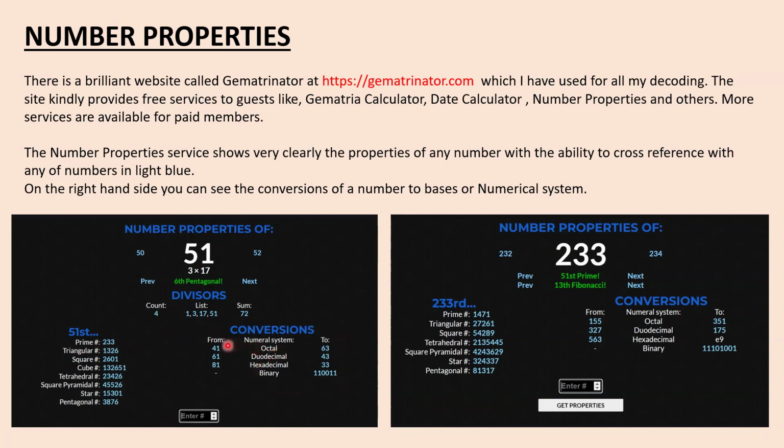So 41 in octal is 51. 51 in octal is 63. Like I say, I will explain that more later. And here's 233. So if I was to have clicked that 233, this would have come up. There it is, 51st prime, cross-reference there, which is a 13th Fibonacci number. And you can see the other connections here with 233.